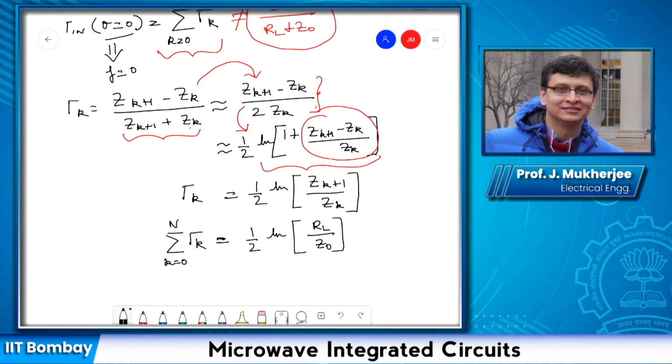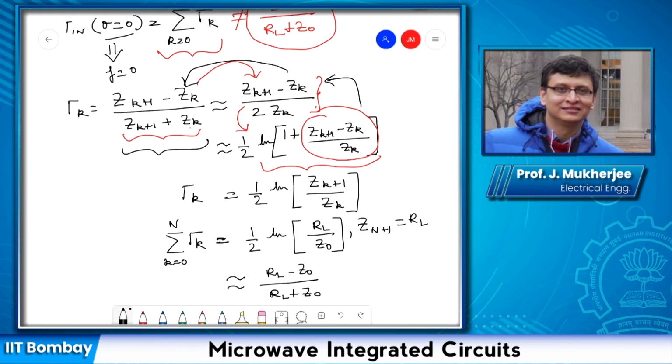Here we have assumed that z of n plus 1 is equal to RL, and then this can be brought back to an expression like this using the reverse manipulations. So this we can say is equal to RL minus Z0 upon RL plus Z0, and so then we have a self-consistent solution.